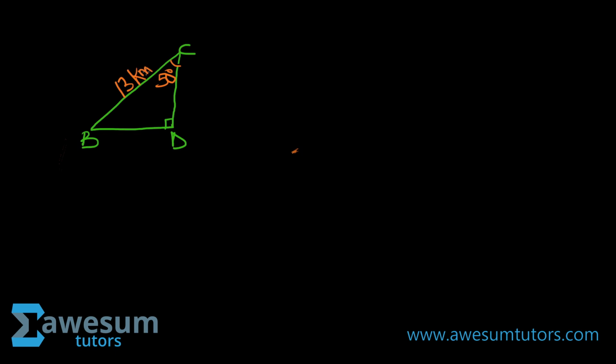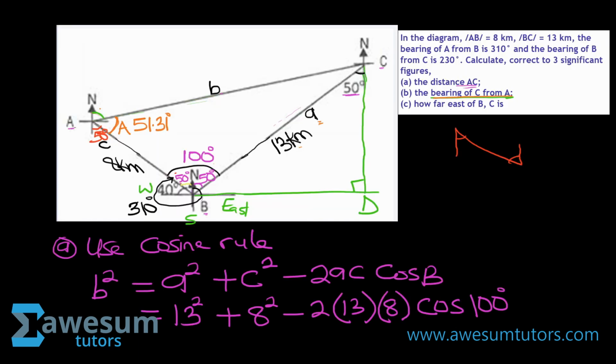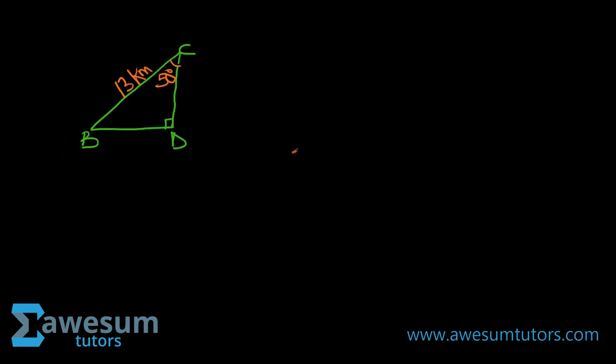So if I have that, and the question is saying how far east of B is C, let's take a look at the question again. Now let us solve that problem.